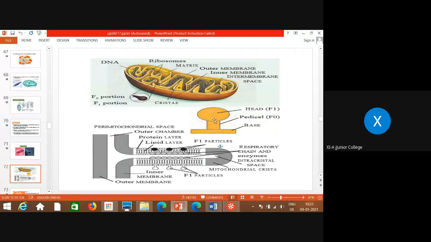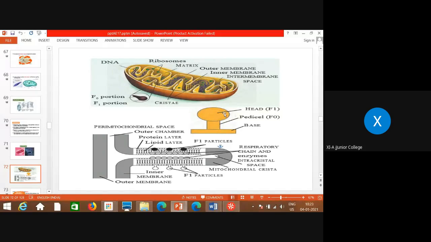This part is called the head, that is oval in shape. This is the stalk or pedicel, and this is the base. So the oxysome shows three parts: the head called the F1 particle, the stalk or pedicel, that is called the F0 particle, and the base, which is embedded in the inner membrane.